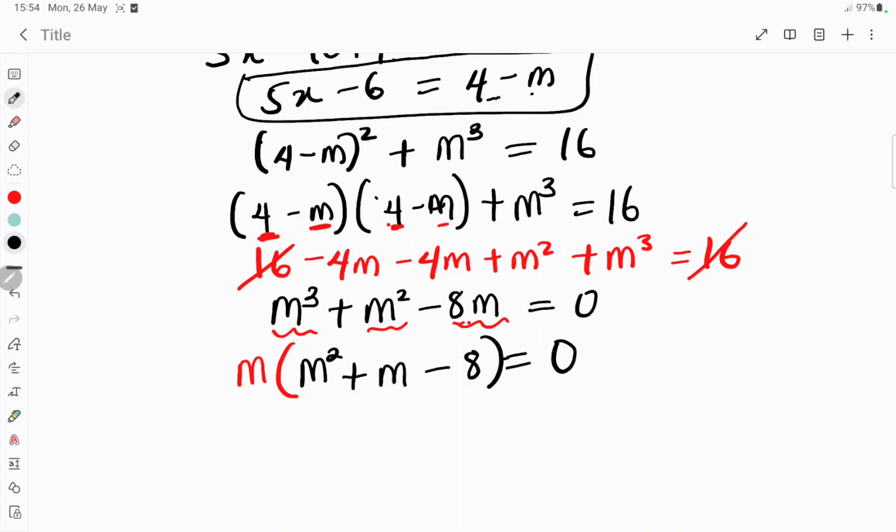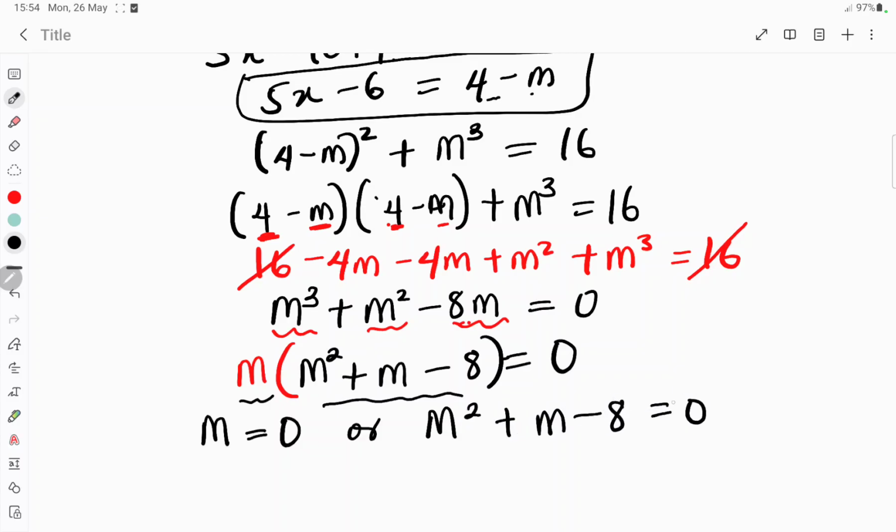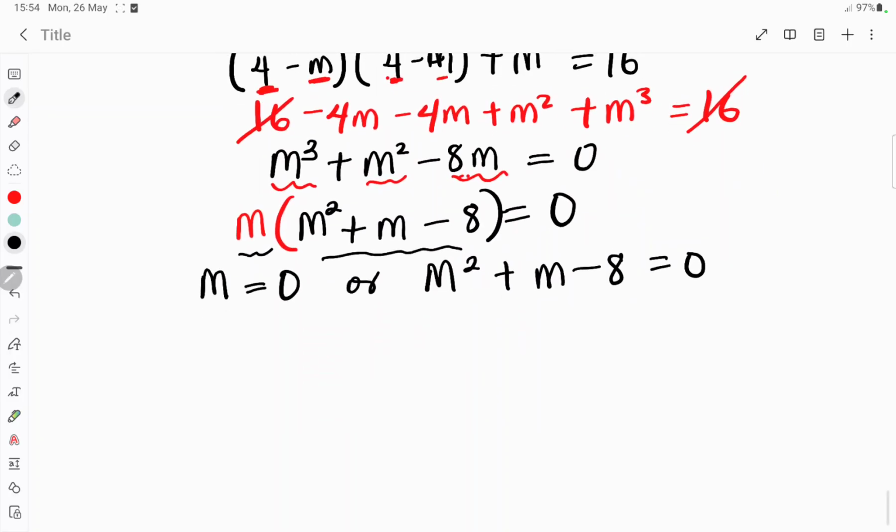So on getting this, when two terms multiply to get 0, one of them is 0 or both of them are 0. So we are going to try each case. Either m = 0, or m² + m - 8 = 0. The first case is m being 0.